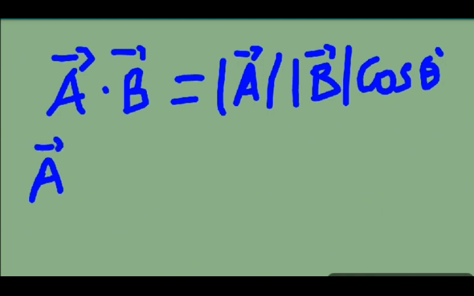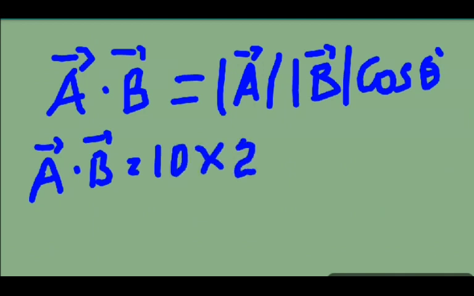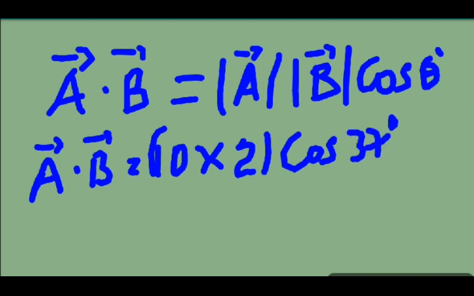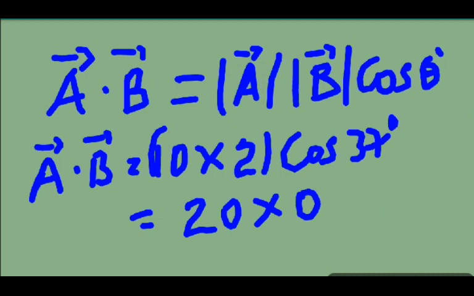So A dot B is equal to the magnitude of A, which is 10, times the magnitude of B, which is 2, multiplied by cosine 37 degrees, and then 20 multiplied by 0.8, which is equal to 16.